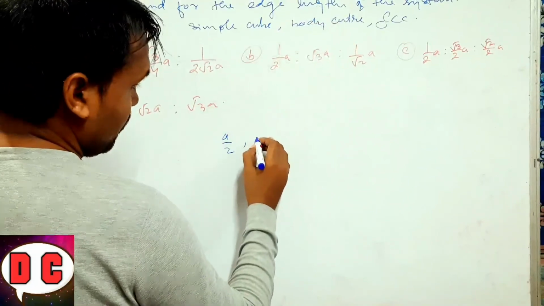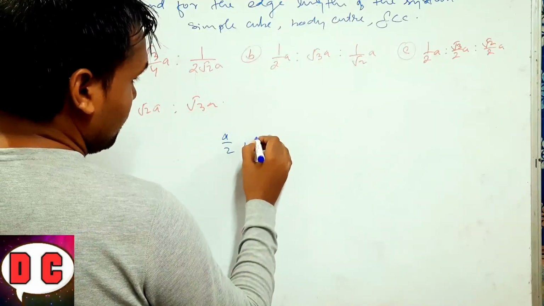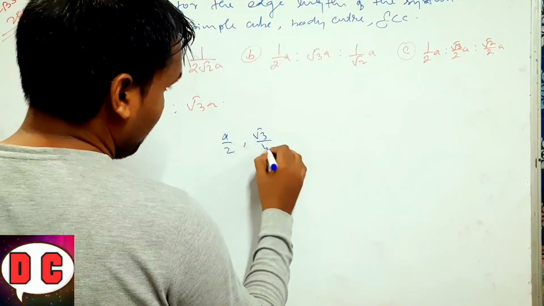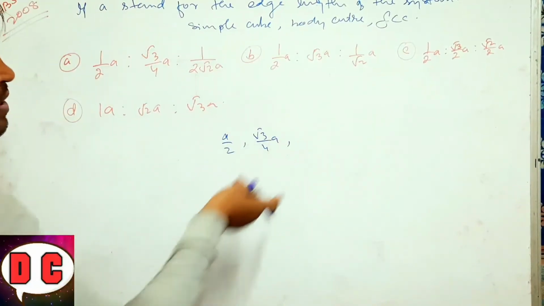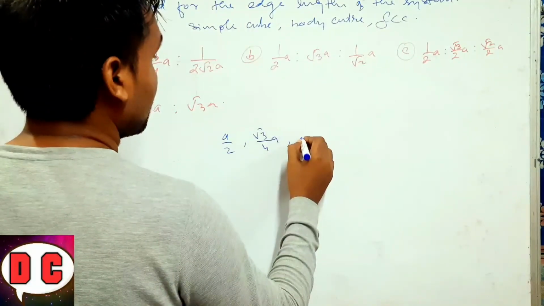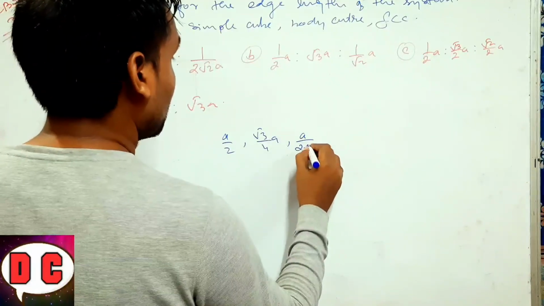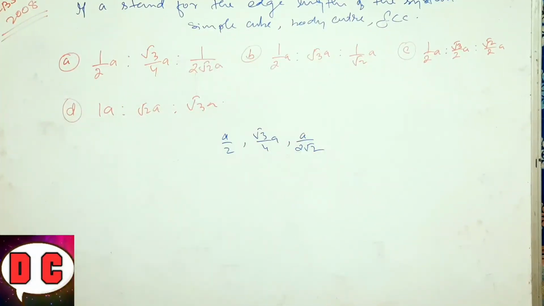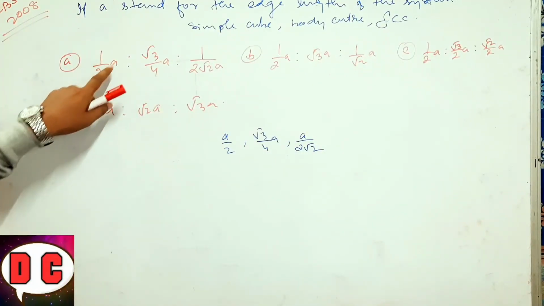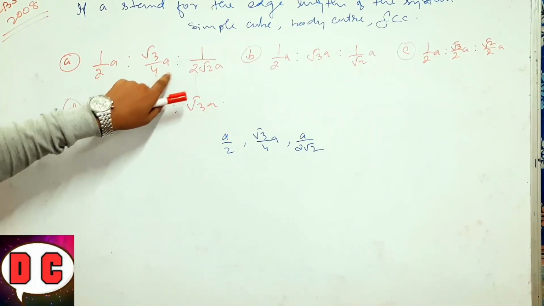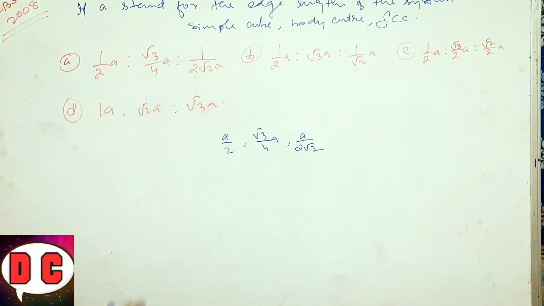Radius of body centered we got √3/4a. Then for FCC it was a/(2√2). So you select which option is the correct one. This is the correct option, so you will be taking this one. Okay, got it, dear students? So this question was asked in 2008.